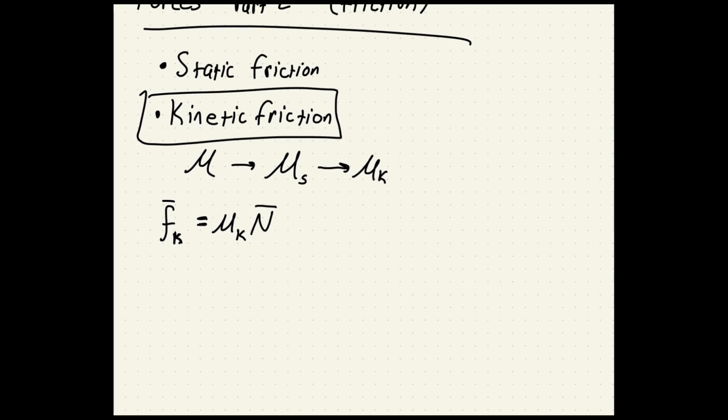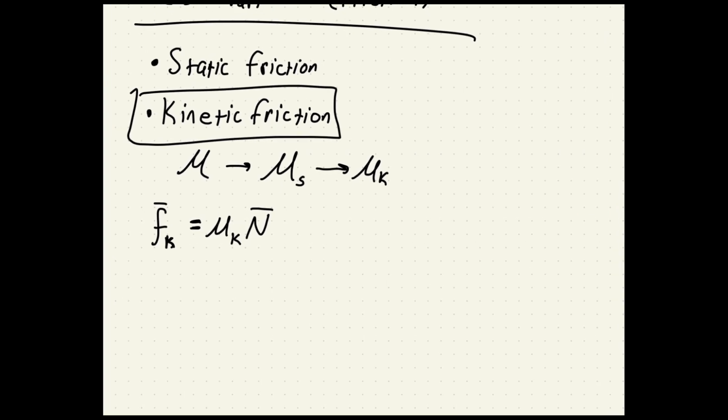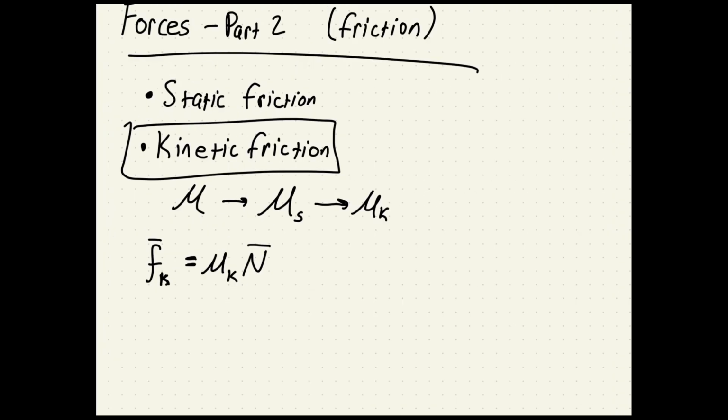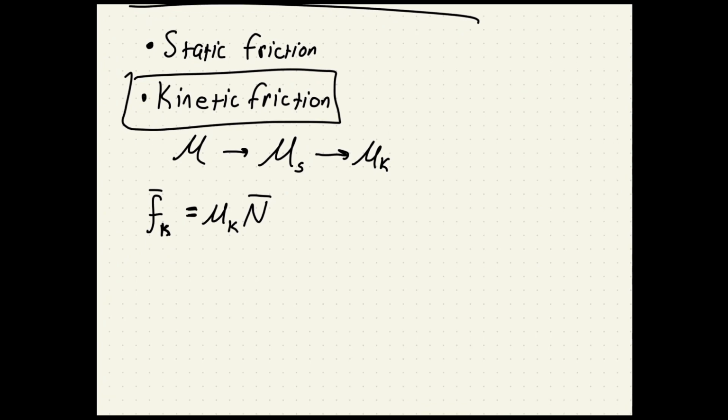The issue is the normal force vector points down, and the friction force vector points in a different direction. I'm not going to worry too much about that at this point, because it requires a little more work with some mathematics. But for now, let's just assume that this works out.